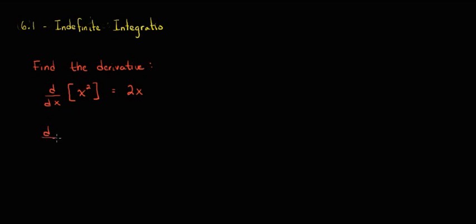And if I ask you to find the derivative of, let's say, x squared plus 3, then the derivative of that is also 2x. And we can keep going here. So d dx of, say, x squared plus, let's say, the number e, we would say that the derivative of that would be just 2x as well.